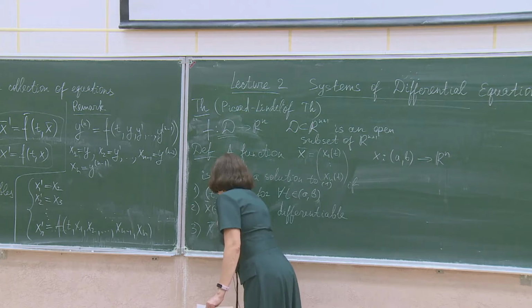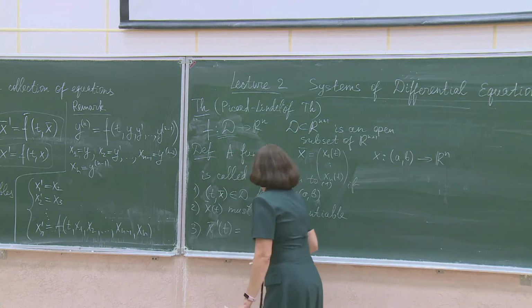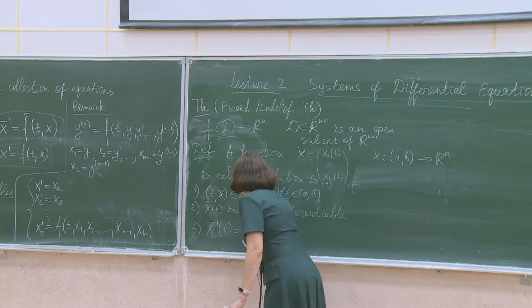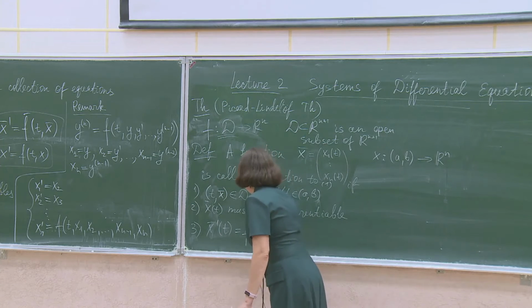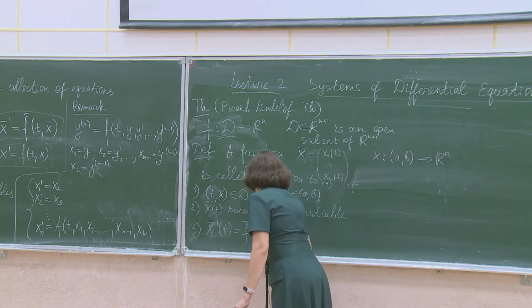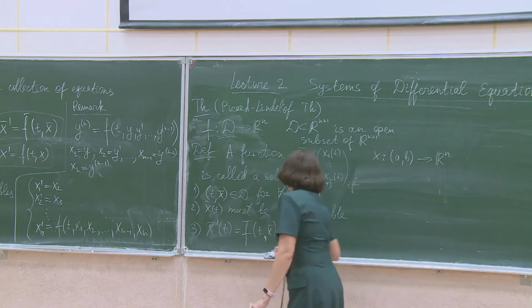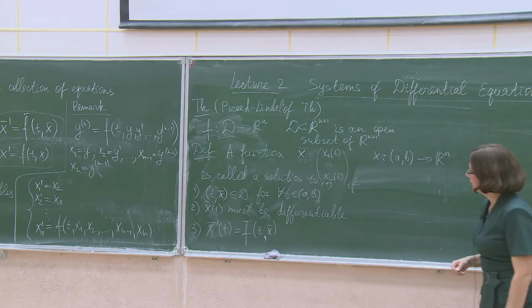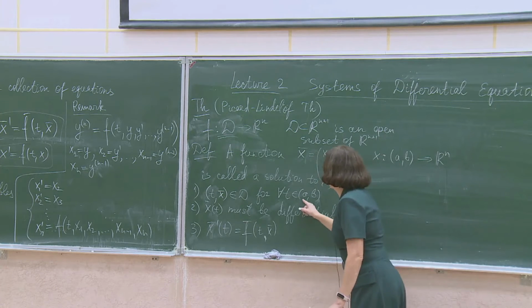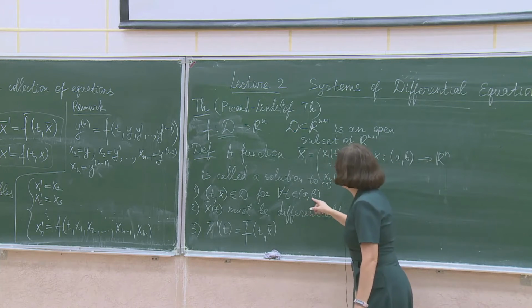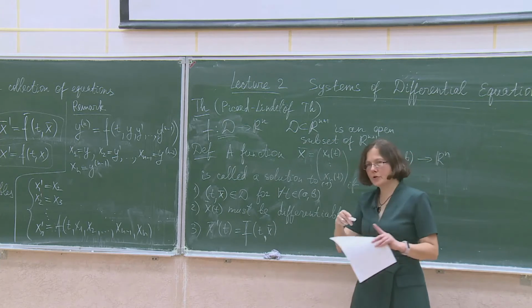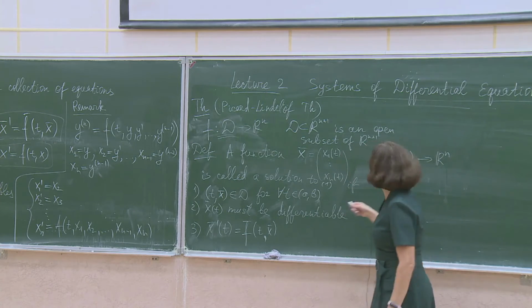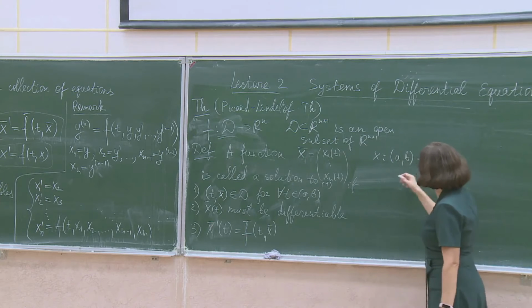So it must be x prime of t equal to f of (t, x(t)) for t in (a, b). Here (a, b) is a subset of the real line, the interval (a, b).